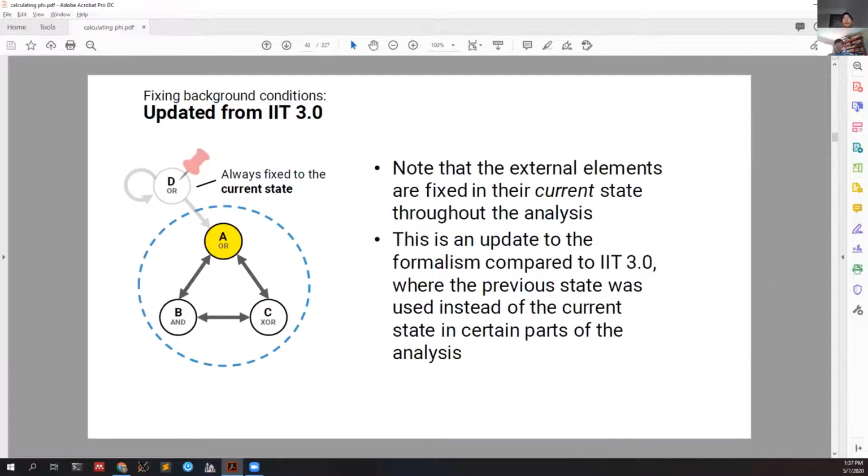This is a minor point, but in the original IIT 3.0 paper, it says that we need to fix the states of the background condition in both the current states and the past states, but in the latest version, or maybe in Hi-Fi, they did not do it. What they do is just fix the state at the current time step. We don't know why, but this is what the paper says.